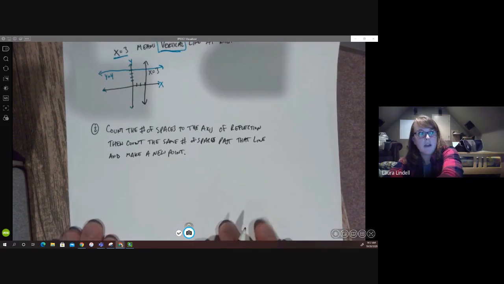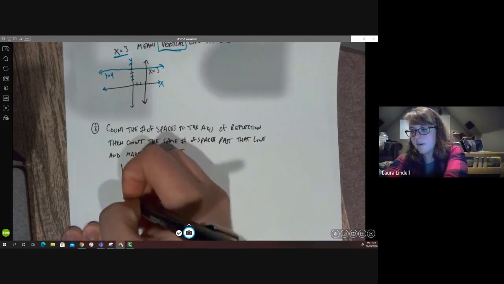So the first thing we're going to do now is make ourselves a nice coordinate plane.